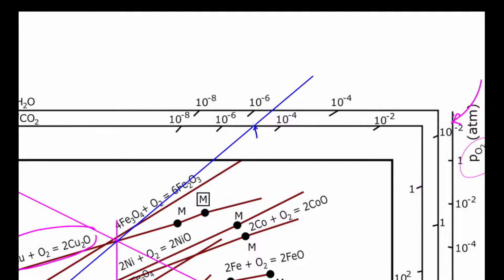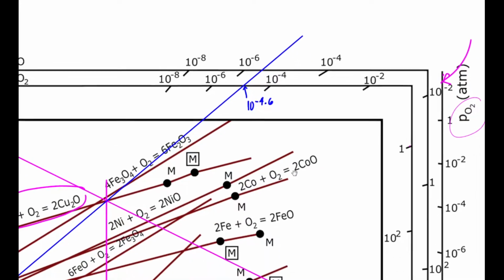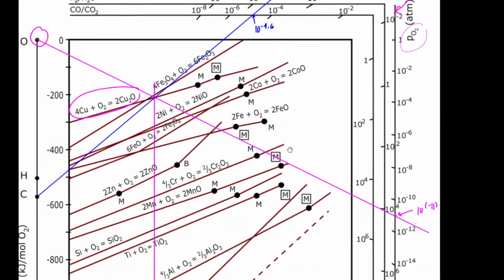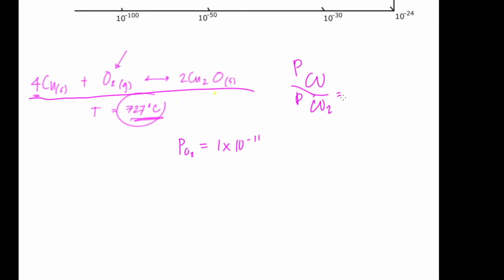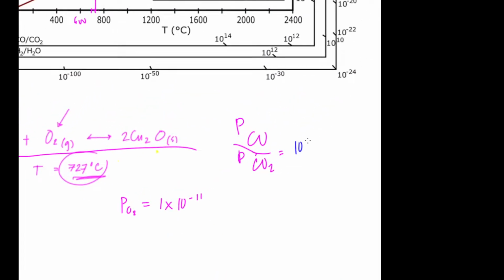So, kung negative 4 to, then negative 5 is somewhere dito. 10 to the negative 5. So, this is around 10 to the negative 4 point. And let's do an estimate. Let's do 10 to the negative 4.6 kunwari. So, the ratio between PCO and CO2 is 10 to the negative 4.6.